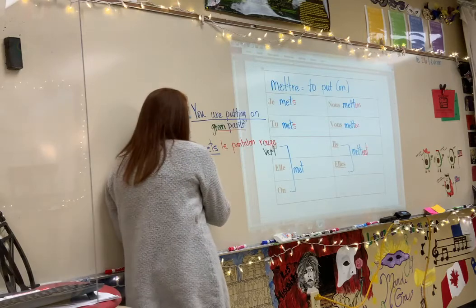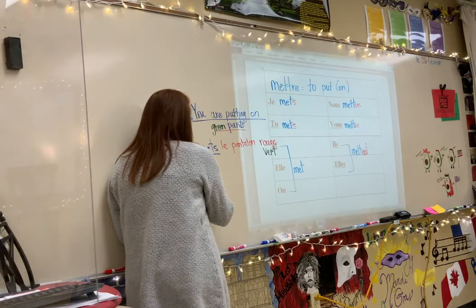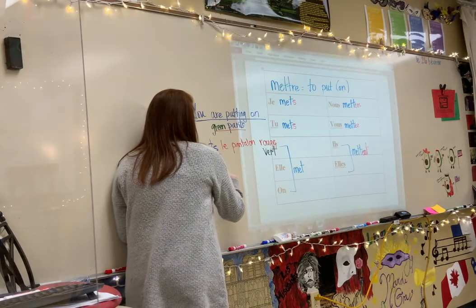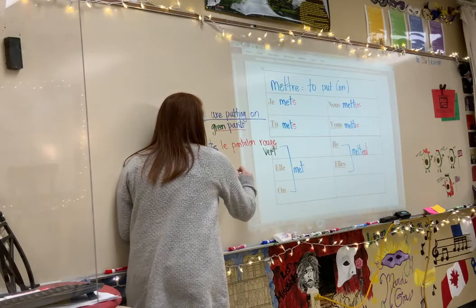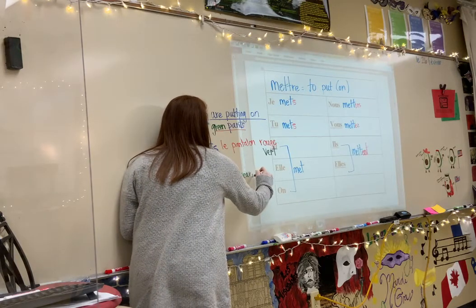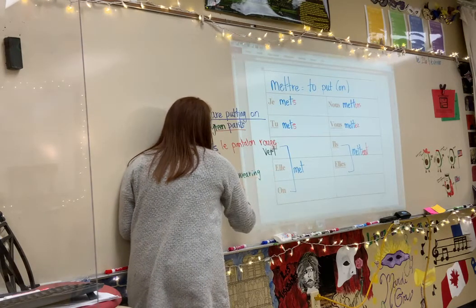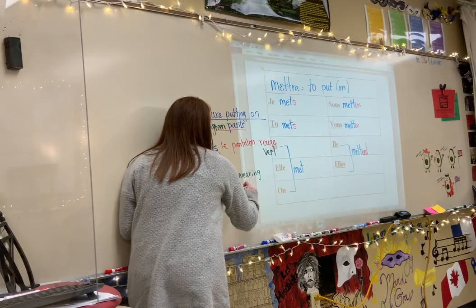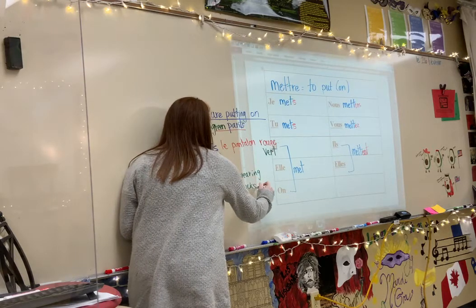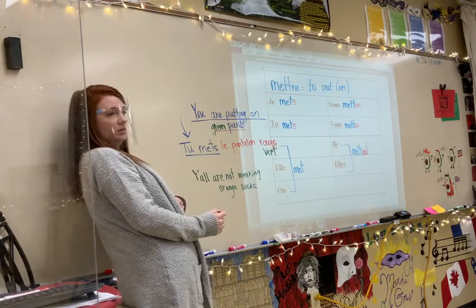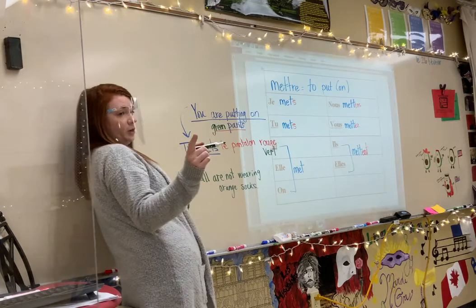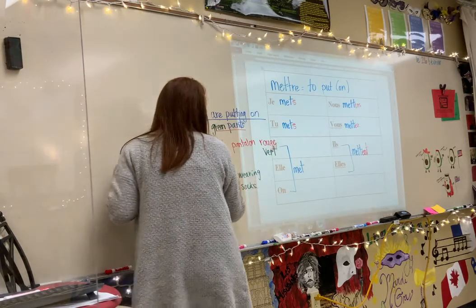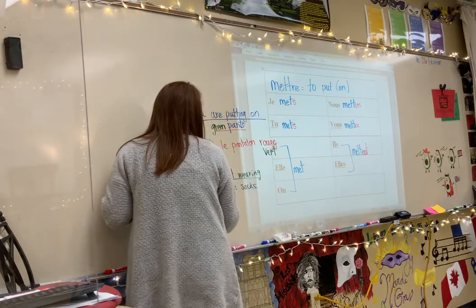So, alright, what if we said, y'all are not wearing orange socks? Okay, how do you say y'all? Vous. Ne, and then you put that around where?